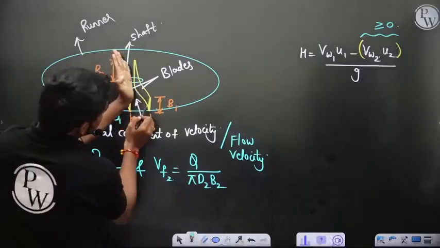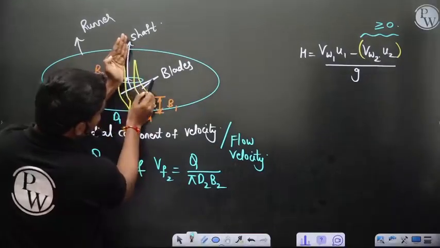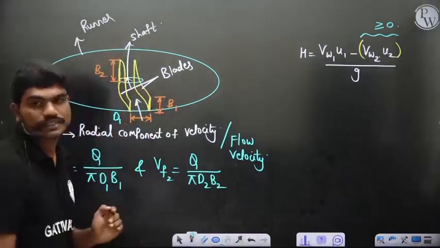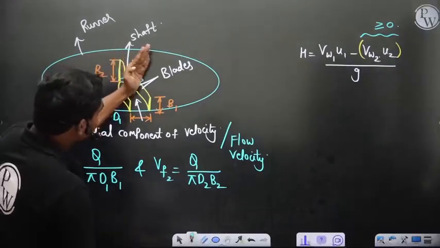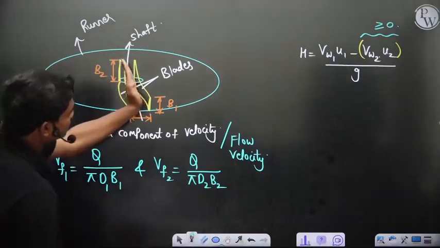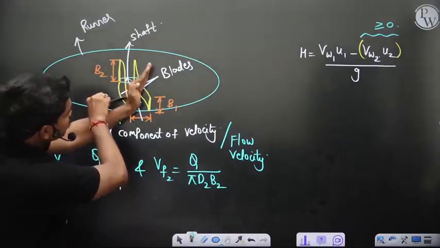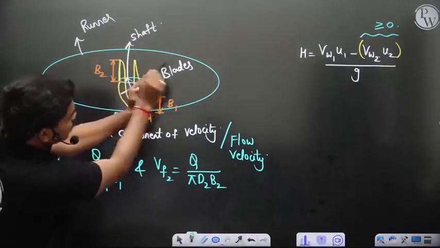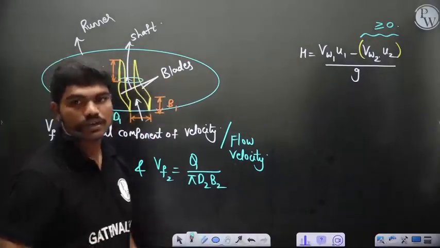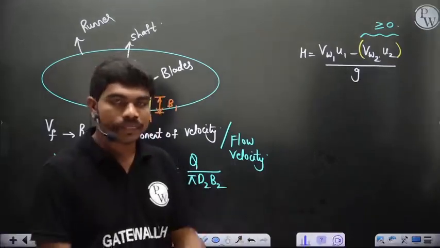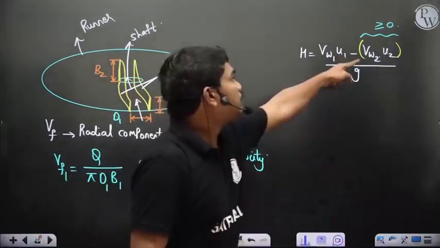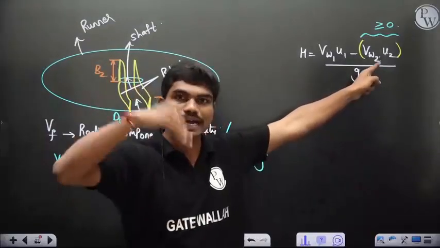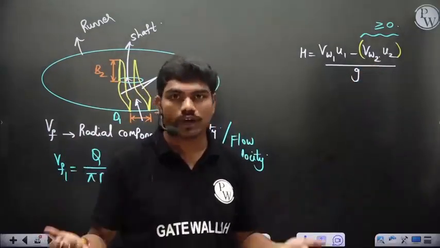Because if you try to bend this blade, instead of going here, the fluid will turn this side and obstruct the flow coming from the neighboring blades. So you cannot reverse the blade and make Vw2 negative so that it adds up to form more head. You cannot do that in this case.